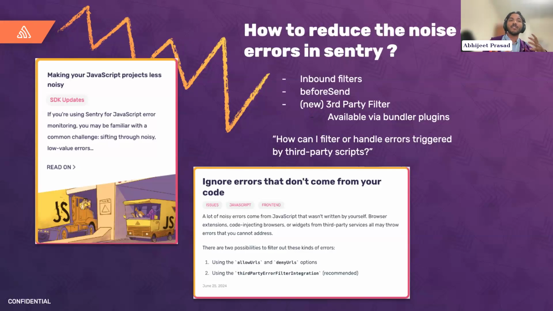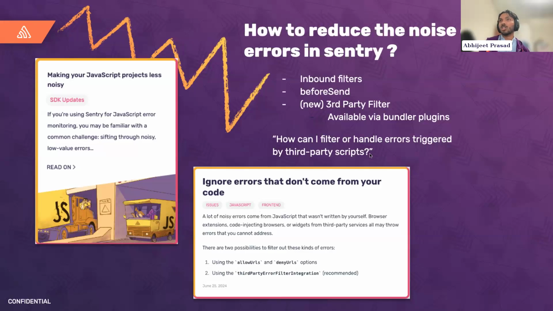We have a variety of ways to filter this, both via client-side code and on the server side. Whatever works best for you, you can use. So there are inbound filters both in the SDK and server side. You can basically drop and change anything that you want before it's sent from the SDK.